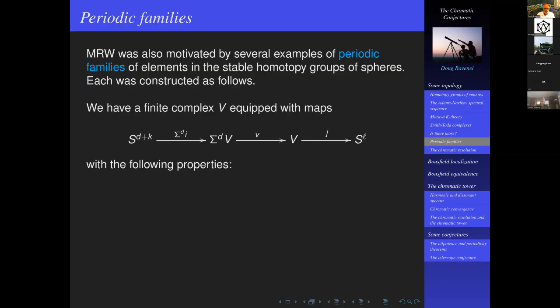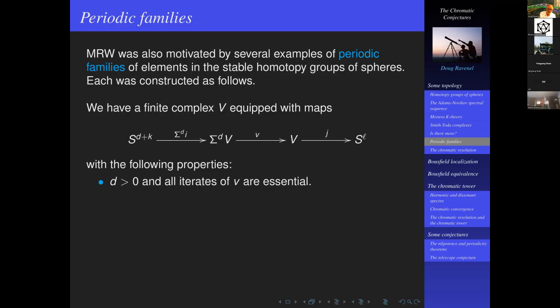So this has the following properties. The most important is that the middle map v can be iterated. It's a map from the dth suspension of V to V. You could precompose that with its own dth suspension and get a map from the 2d suspension of V to V, and so on.